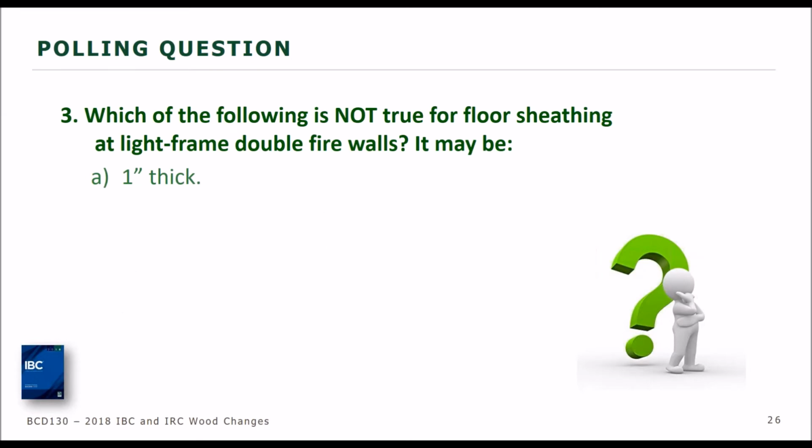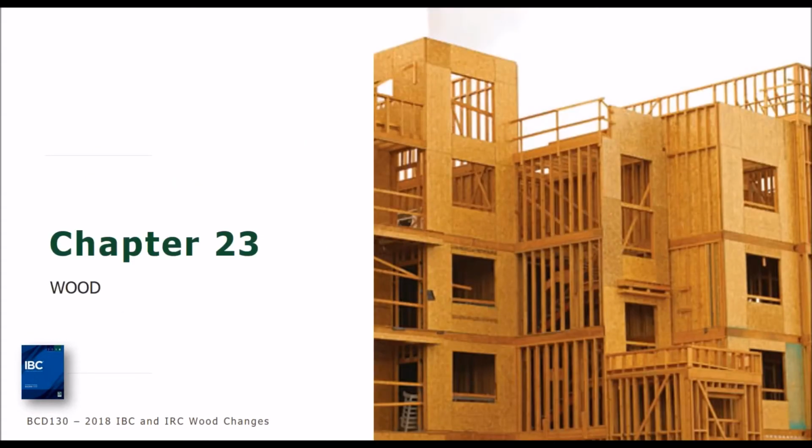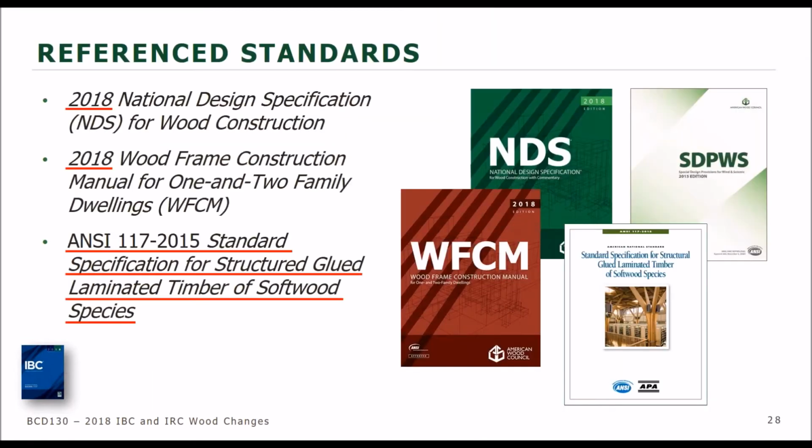Right answer. Okay, now we're on to chapter 23, which is wood. We have some reference standards that have been updated to the most current reference standards. Right here, you'll see that it's also noted in chapter 23 of the IBC as well as in chapter 35.